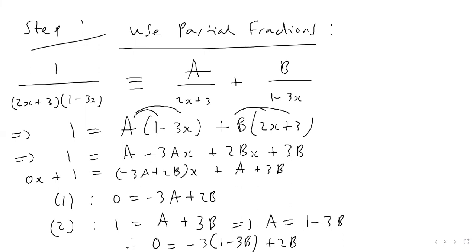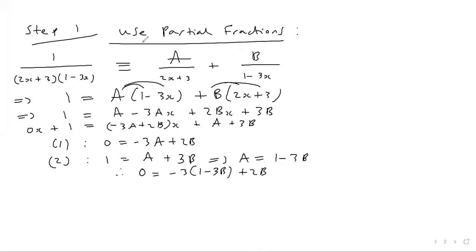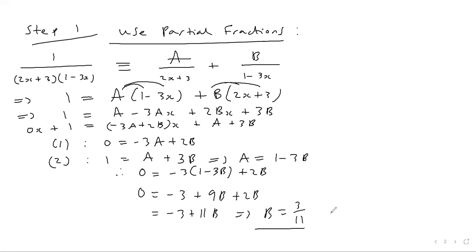When we expand those brackets, 0 is equal to minus 3 plus 9b plus 2b, which gives us minus 3 plus 11b. So therefore, b is equal to 3 over 11.